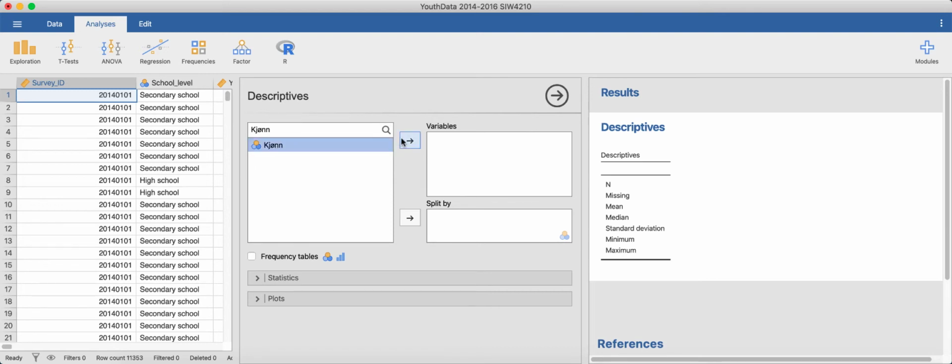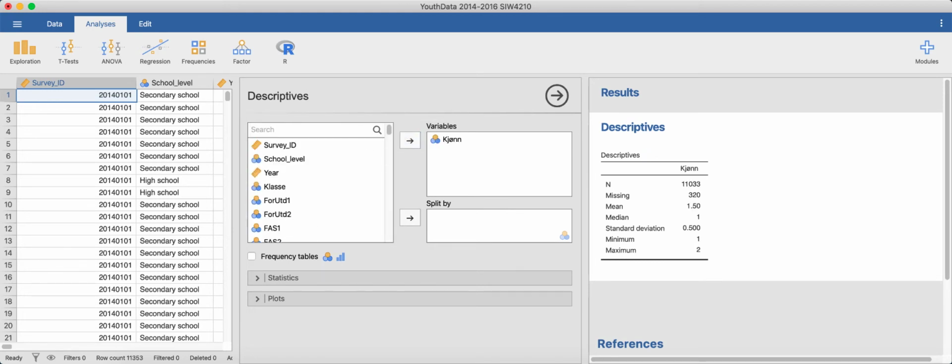I use this function to find it, and then I put over gender, and I'm looking up age. Oh, sorry, that's not age, it's called klasse. That's age, because that's a measure of age.